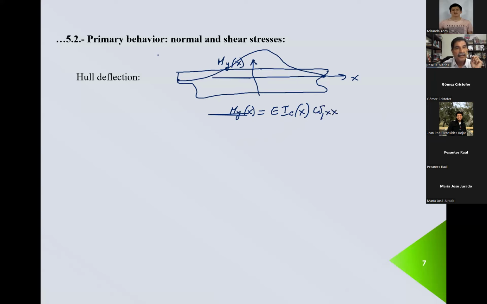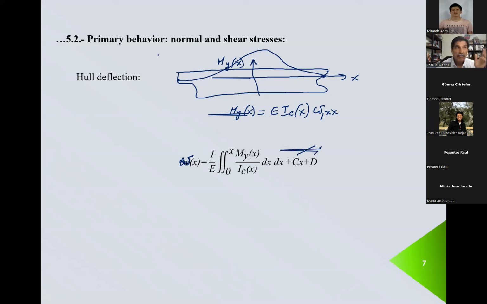Remember, in the vertical direction, we call it Z, so we call the deflection in the vertical direction W. Remember, U is in the X direction, V in Y, W in the vertical direction. And the problem is that if we integrate this twice, this should be W, then we will have these two constants.